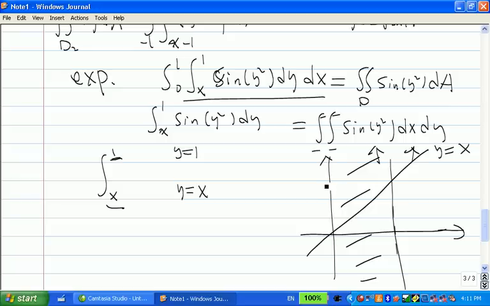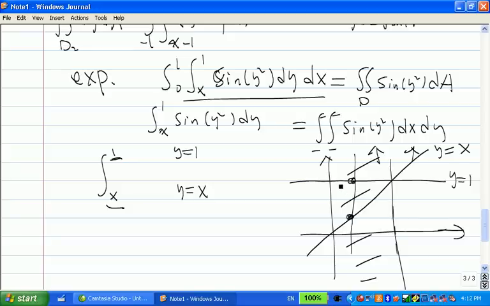This is the curve y equal to 1. Now they told us x is between 0 and 1. Everything in this long strip is fine. However, for a given x, y is bigger than this point and less than 1.